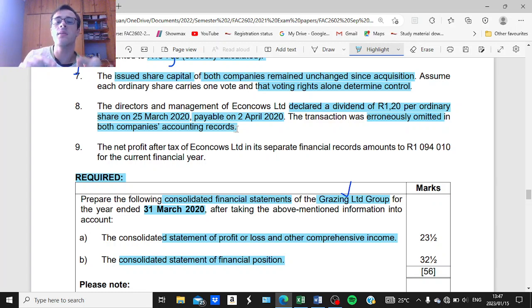Okay, and because neither of the two companies accounted for that dividend, there is no elimination of an intergroup dividend, because the parent has not recorded it as part of its other income. Therefore we do not need to eliminate the intergroup dividend in the consolidated statement of profit or loss and other comprehensive income.